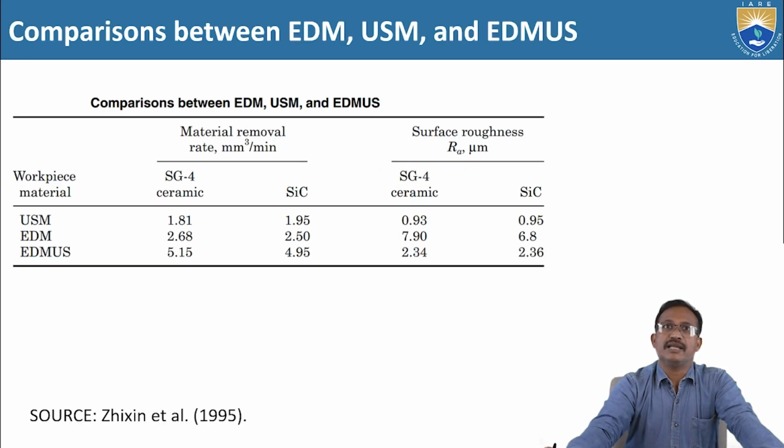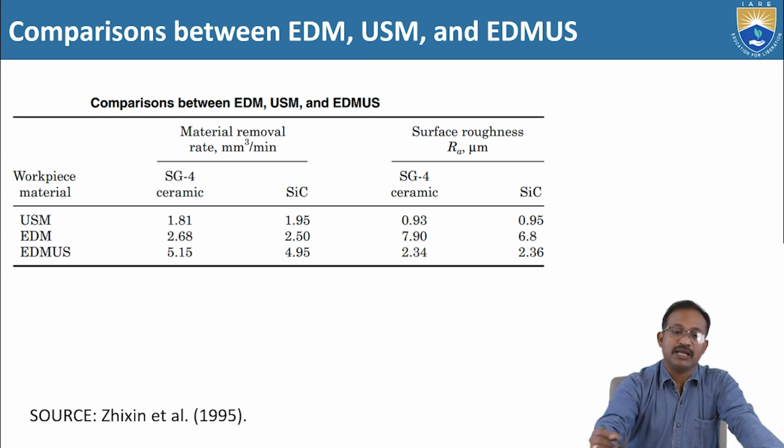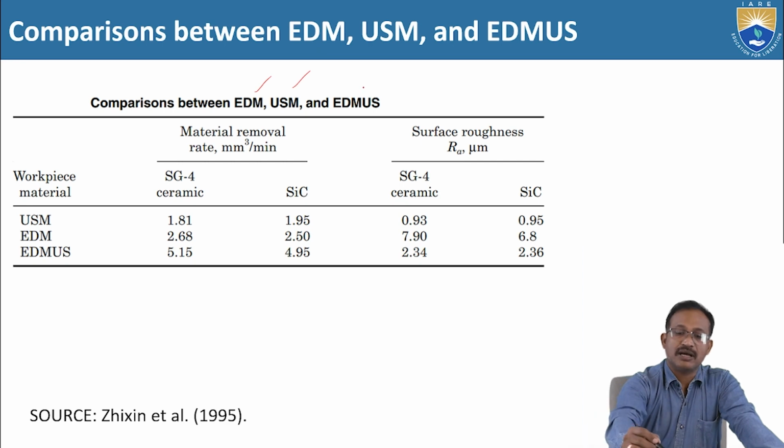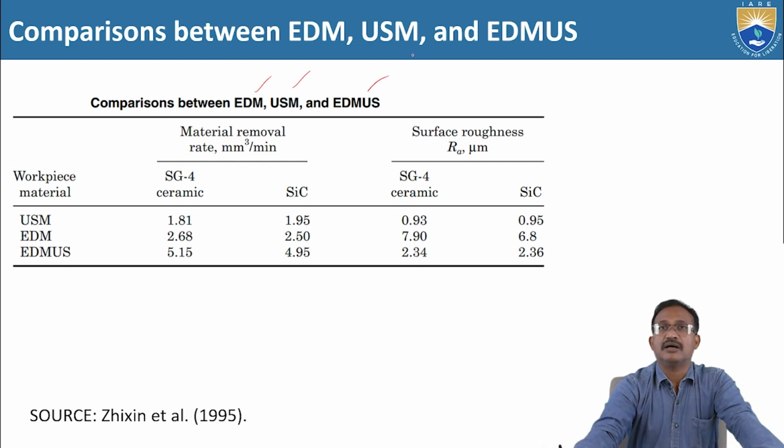Now let us see the comparisons between EDM, USM and EDMUS. EDM means electro discharge machining, USM ultrasonic machining, and this is the combination of EDM and USM. We'll get the combined effect of EDM and USM, that is EDMUS.